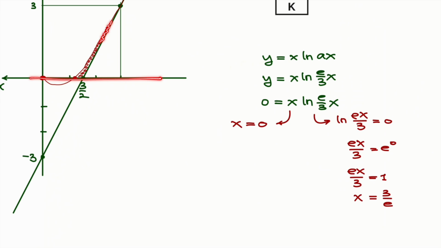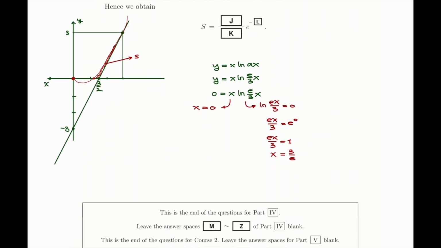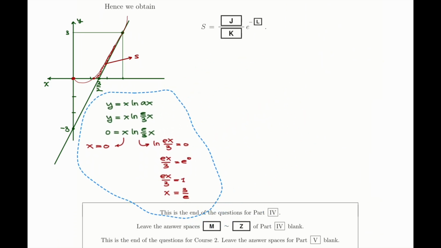So this small tiny area here, this is S. Since we already know the region, we can see from this sketch how to find S. If I want to find S, I can use integration from 3 over e, this is 3 over e, yeah? Until 3, this is 3, 3.